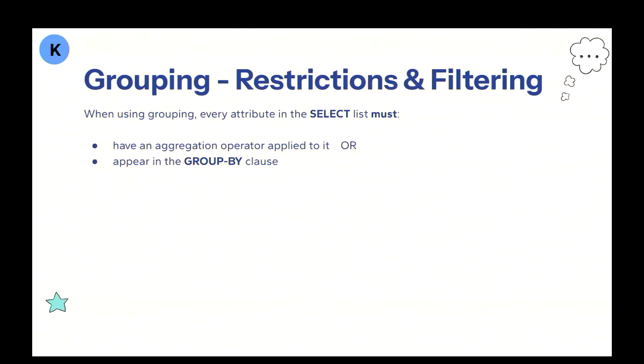The rationale here is that if an attribute is not used as a grouping feature, it's meaningless to display every value of that attribute. We should display a summary of that attribute if we don't use it as a group label. So that's the rationale here.